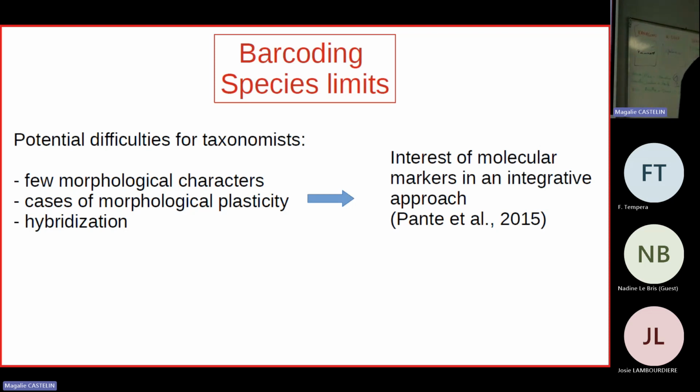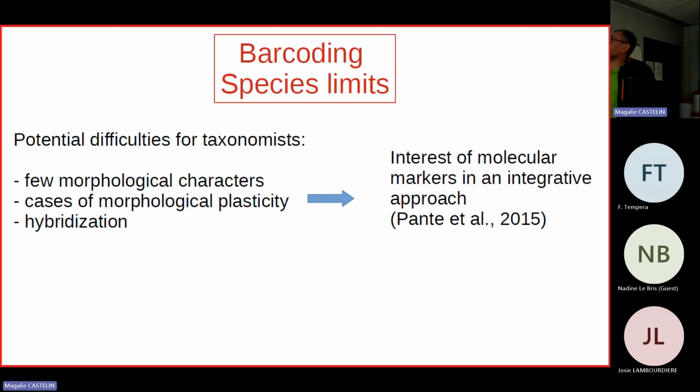We have seen some of them these days. We have some cases of morphological plasticity. In corals, we have several cases of that, and also cases where we have hybridization, which can blur the differences between species. So molecular markers are very interesting in an integrative approach, which means taking information not only from the genetics, but also from the morphology or other characters.